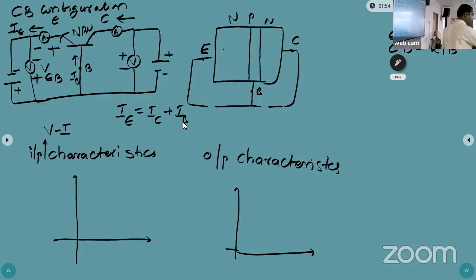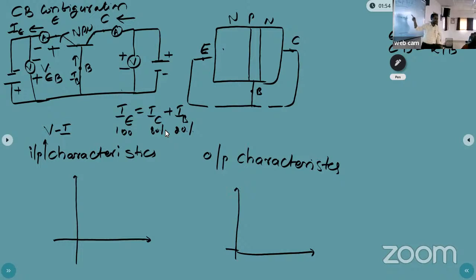And in the working operation of the transistor also, here 100 electrons, 20% of electrons are recombined here, and 80% of electrons are reaching the collector region. So the total current is constituted by the majority charge carriers of the emitter region only.